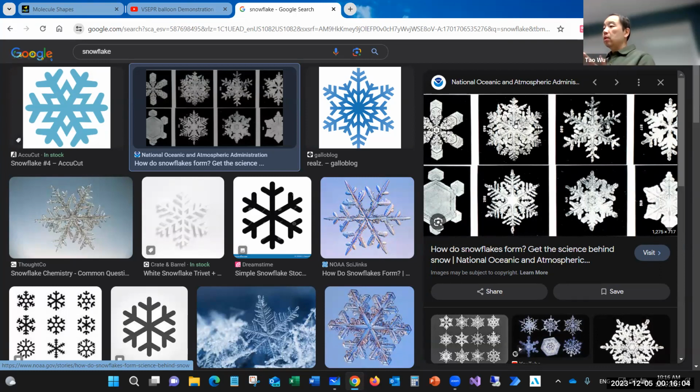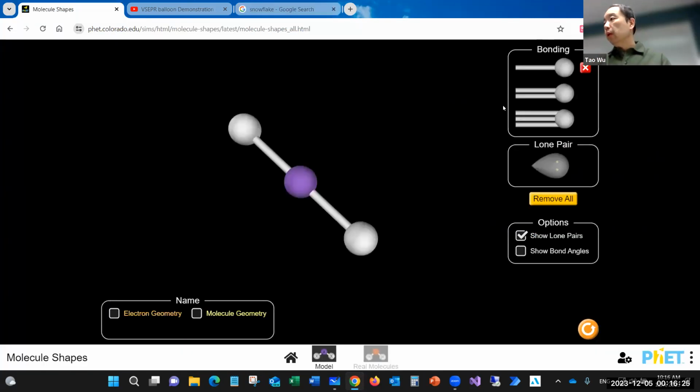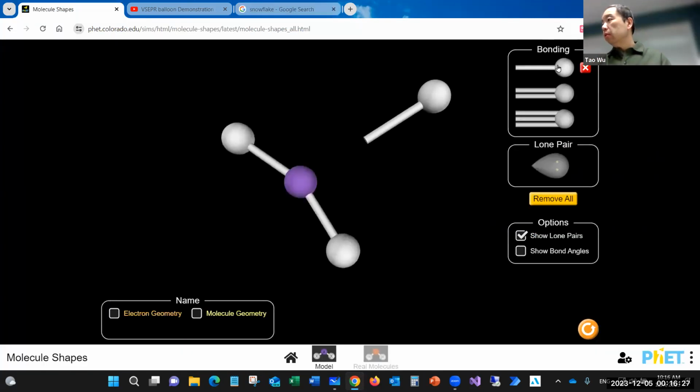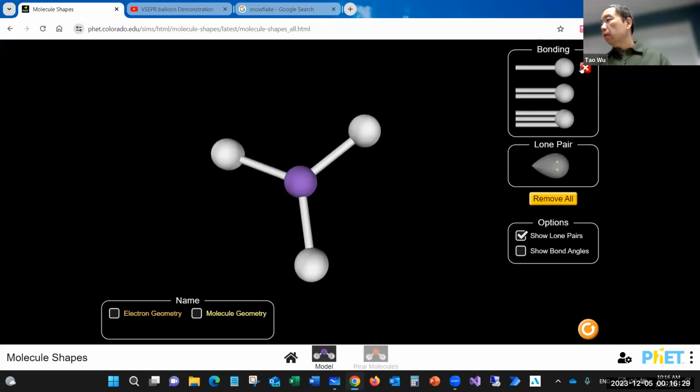Generally it is because of the foundation, which is the shape of the molecule. The reason is that each water molecule's structure is kind of like this. It's a bent structure.